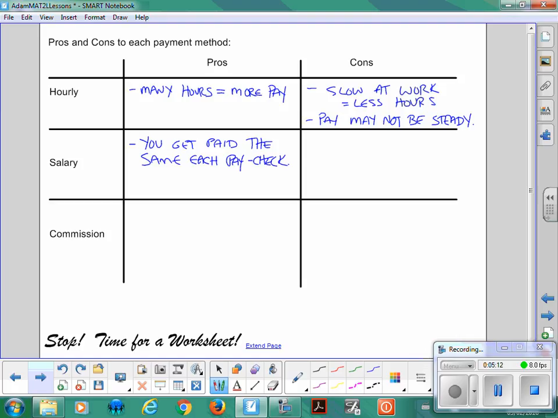It really makes budgeting easy, because you know exactly how much you're making every time. The downside to that is that you don't get overtime. No overtime, no area to make extra money.